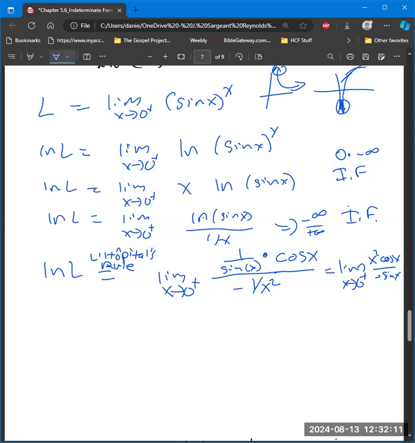So ln of L, this is still going to 0 over 0, so we're going to use L'Hopital's rule again.